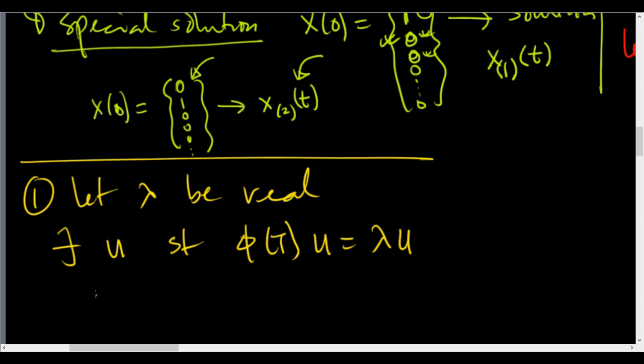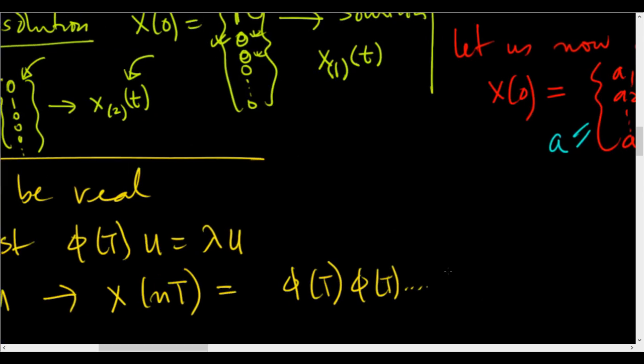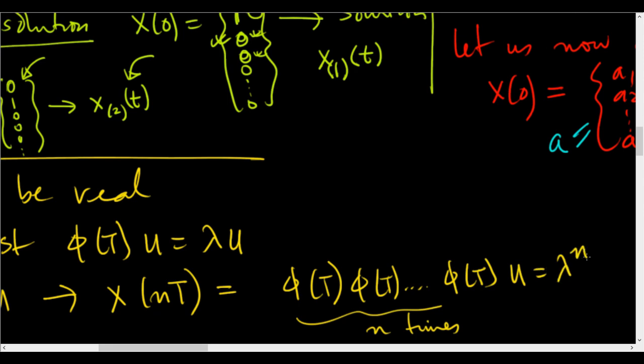And we will take a, the initial condition, to be u, and then we get x at nT is equal to phi of T dot dot dot, n times, multiplying u, and then that is lambda^n u.